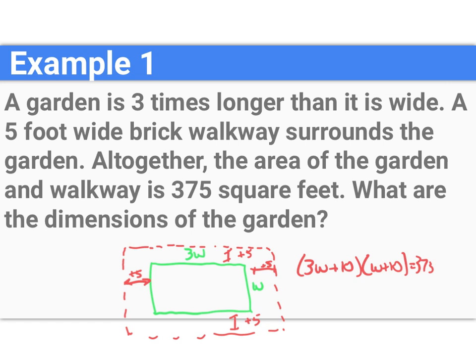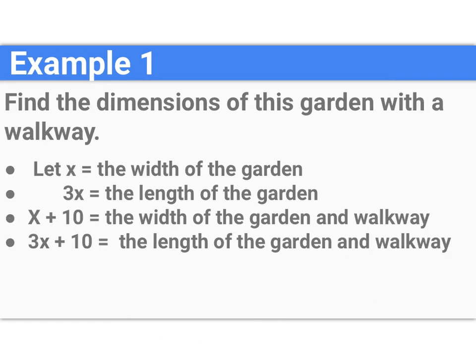So now let us work on this on the next page. So we have 3W plus 10. Let me write this in a better color. Times W plus 10 equals 375.